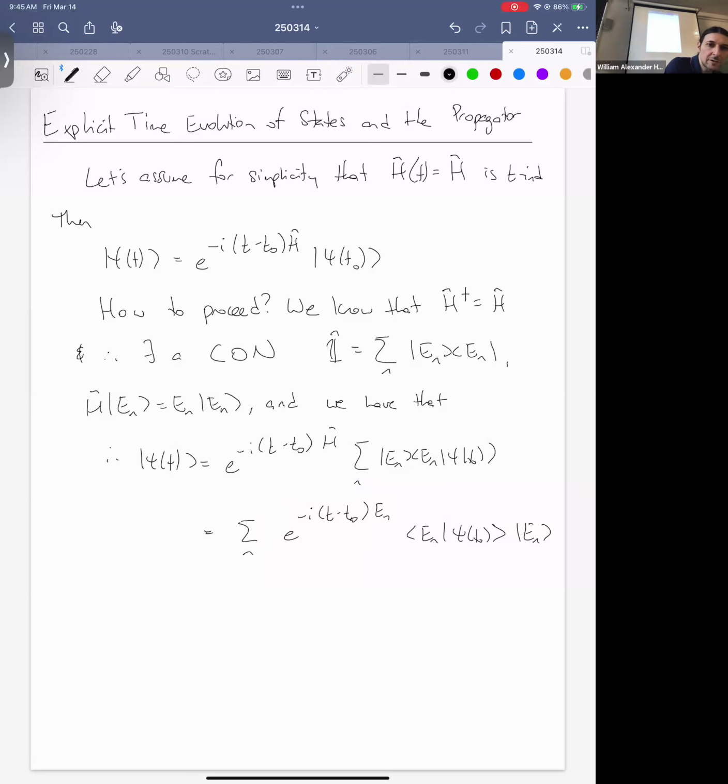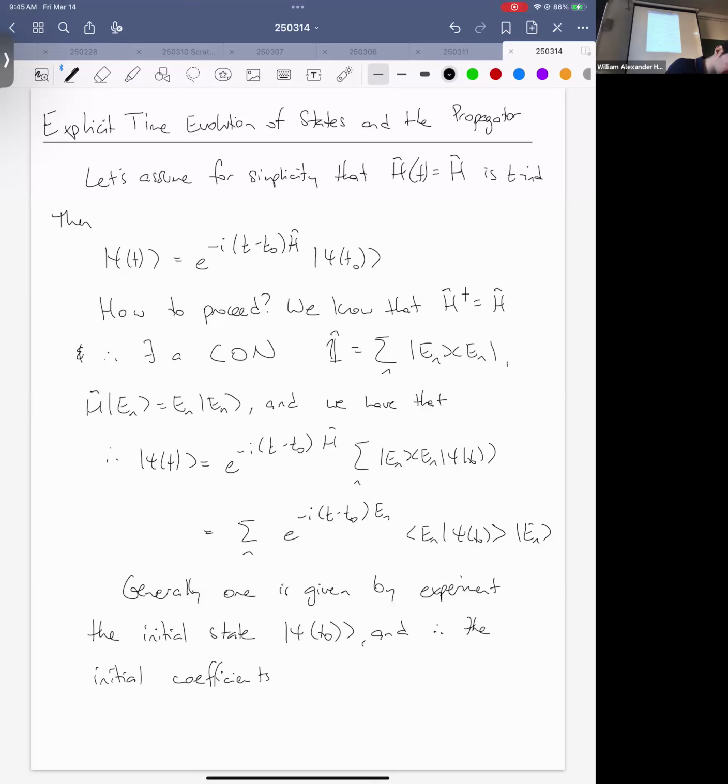So generally, one is given by experiment the initial state, psi of t0, and therefore the initial coefficients c_n of t0, which are the overlap of e_n with psi of t0.